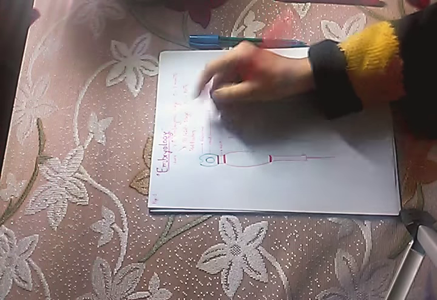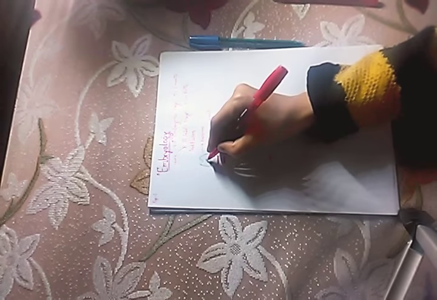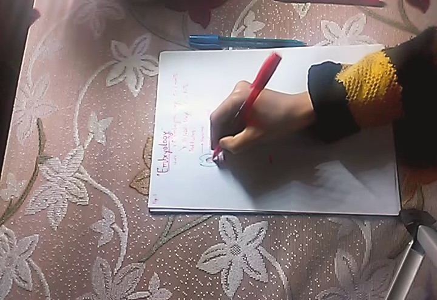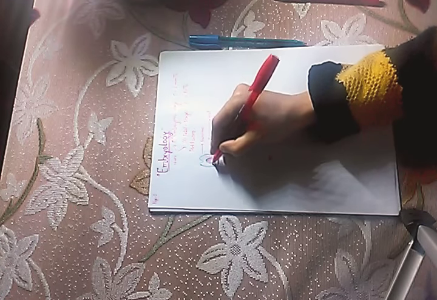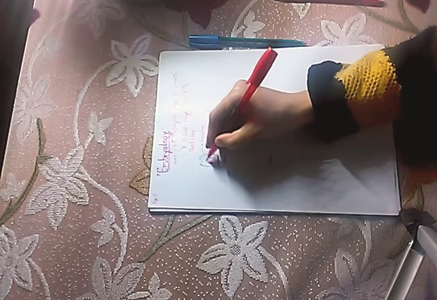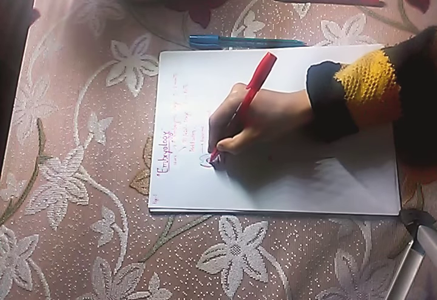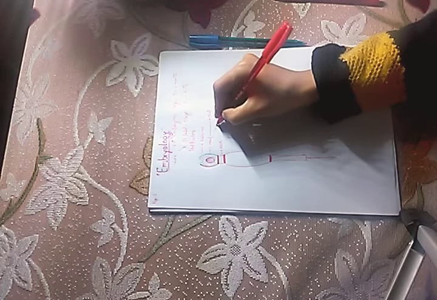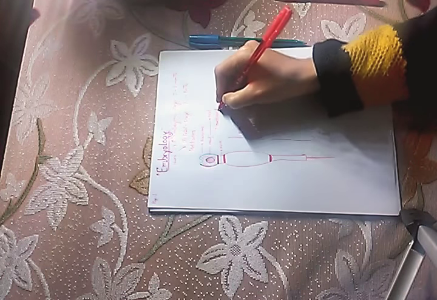If we see in front section, the head looks oval, and this head is formed by a condensed nucleus. This is the nucleus. This is cytoplasm surrounding the nucleus, and this is the membrane. The head is formed by the condensed nucleus.